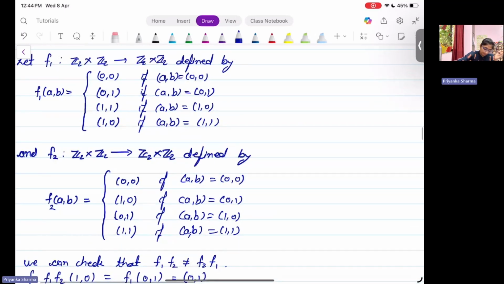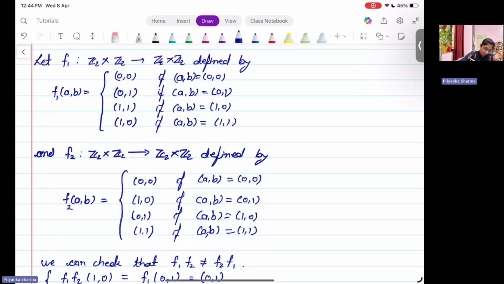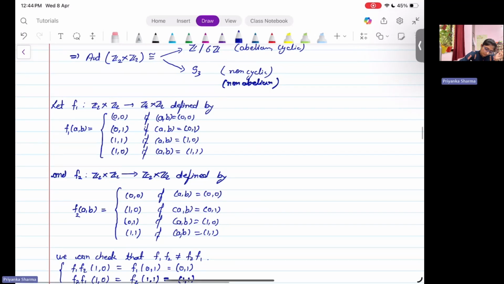See, f of (a, b) gives (a, b) if (a, b) is 0. So this is fixed.